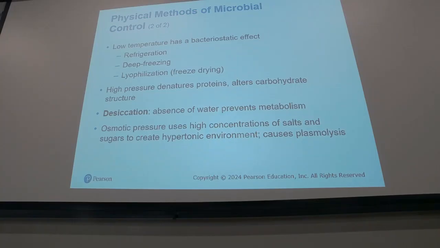Another way to control growth of microorganisms is by using low temperature storage. That's in our daily lives, not necessarily in the lab. So refrigerators are used to prevent the spoilage of food.